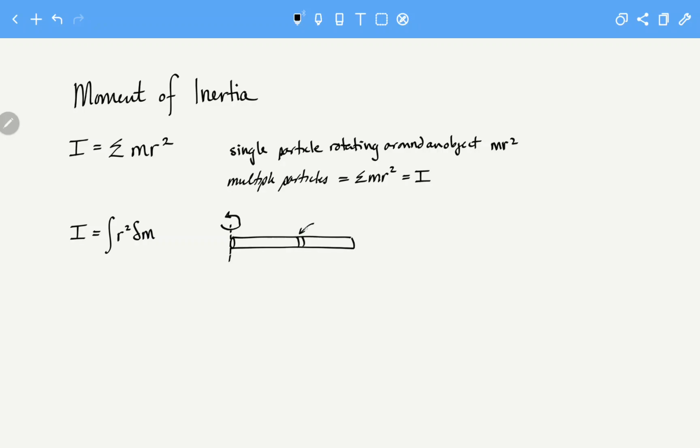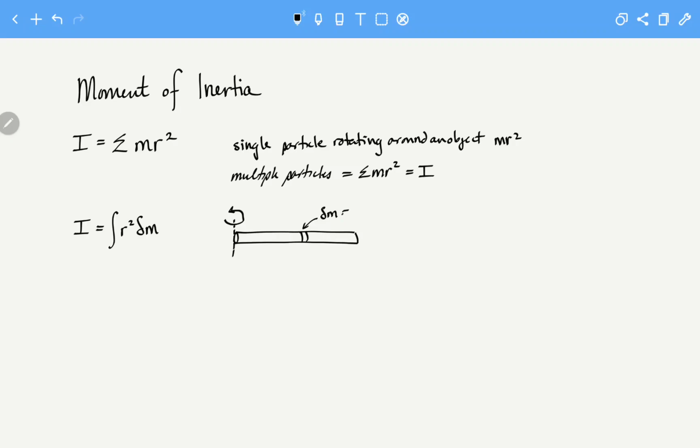If we were to zoom in, that's a little piece of mass, and this is how our mass is changing. So that's dm, and that is equal to lambda dx. You're like, Samansky, what's lambda? Okay, so lambda is the linear density of the object.